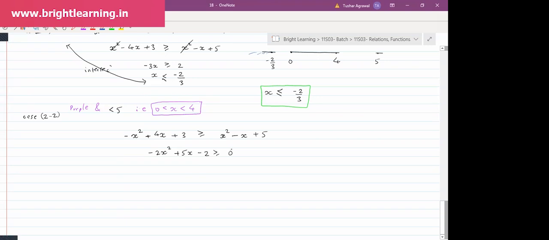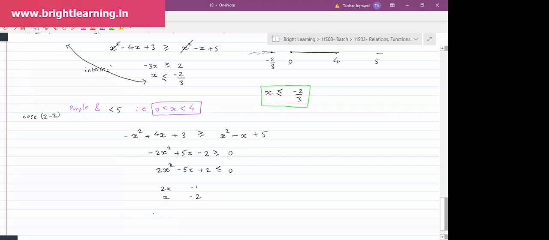Now I personally find a being negative a little bit discomforting. So ax square, if it is negative, it is my personal discomfort. So I will just make it 2x square minus 5x plus 2 less than or equal to 0. I can see that the factors of this are 2x, x, 2, 1, minus minus.